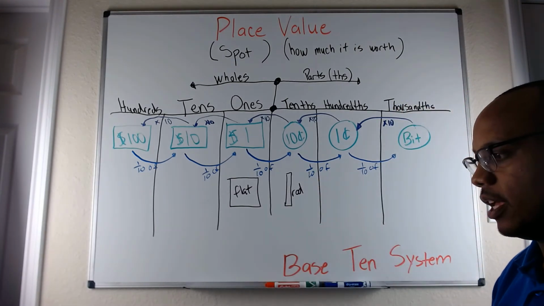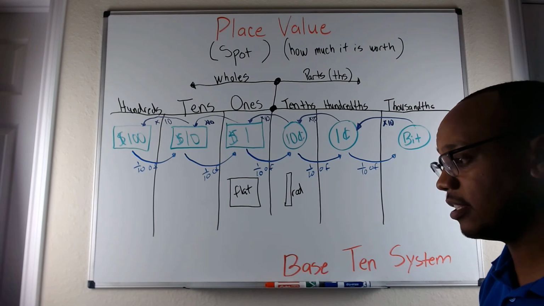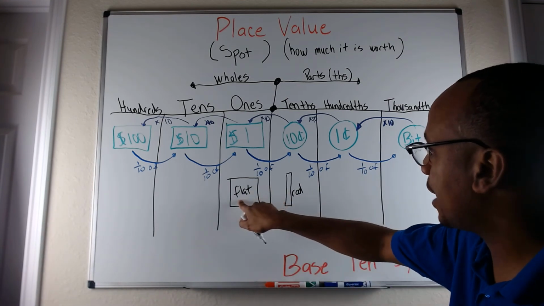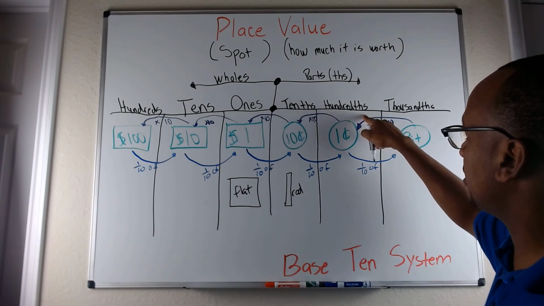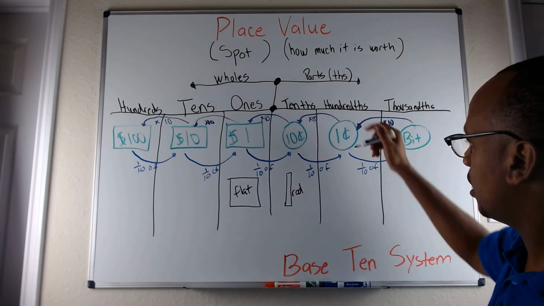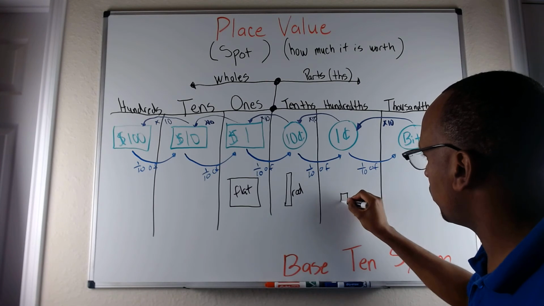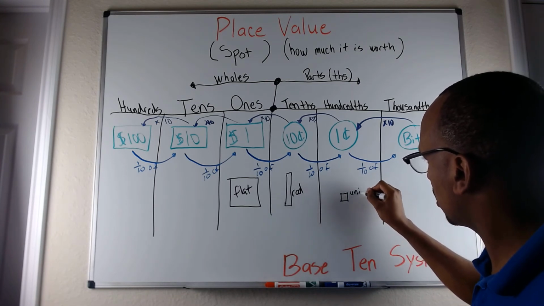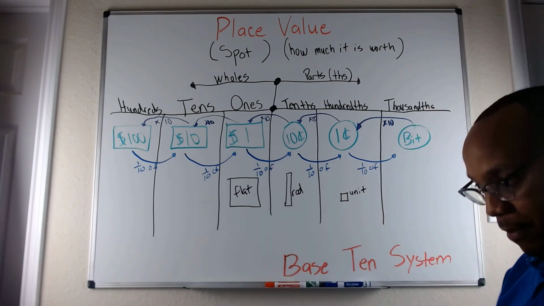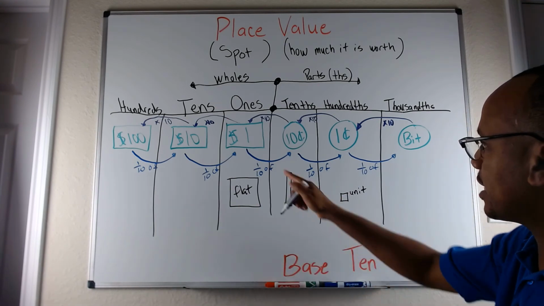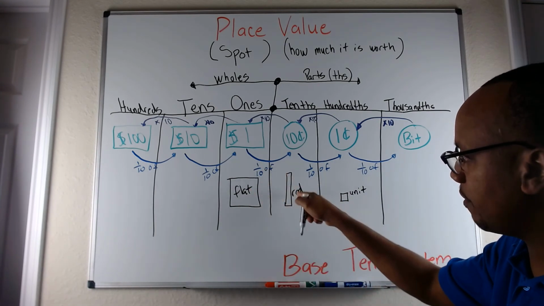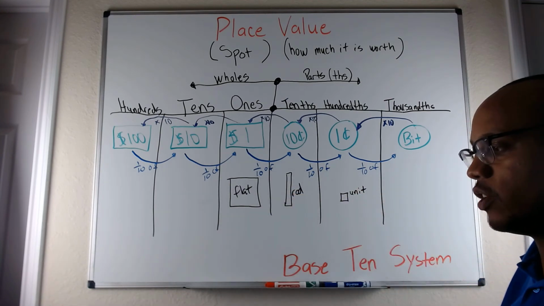Right? It makes sense in the base 10 system. Well, if I take a flat and I break it into 100 pieces or 100 parts, well, that becomes a unit. Right? Makes sense in the base 10 system. You are decomposing it. You are taking a tenth of that. Take a flat, a tenth of it is a rod. A tenth of a rod is a unit.